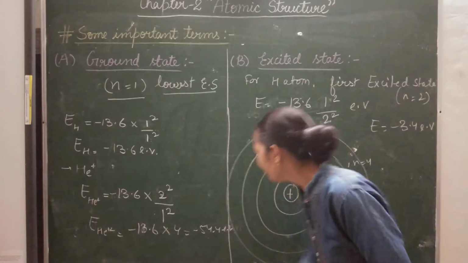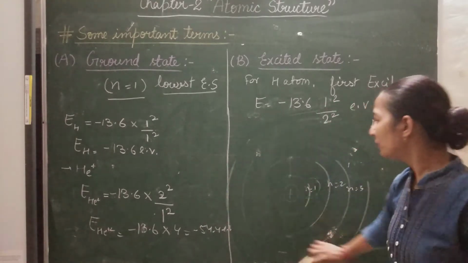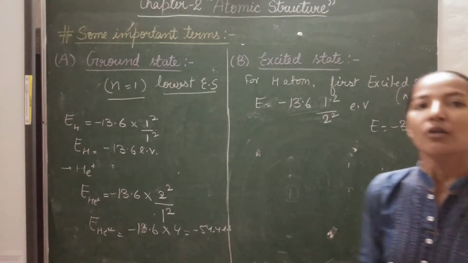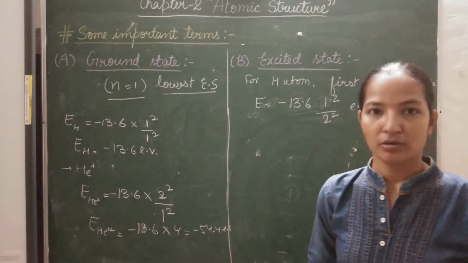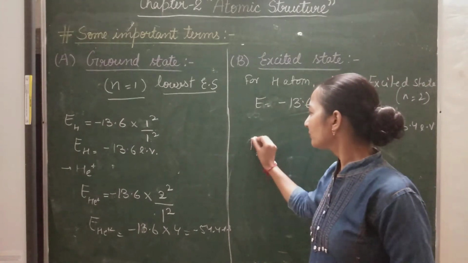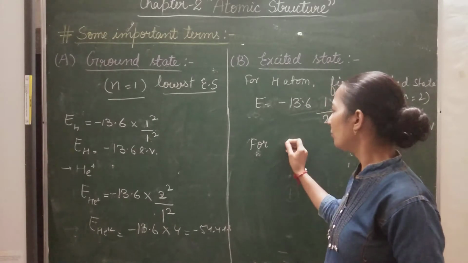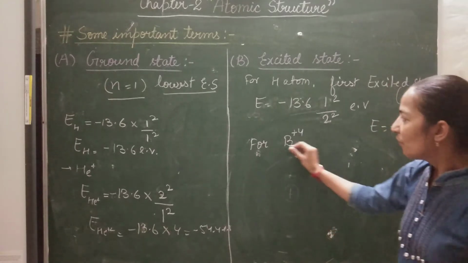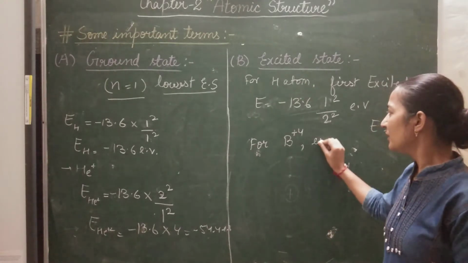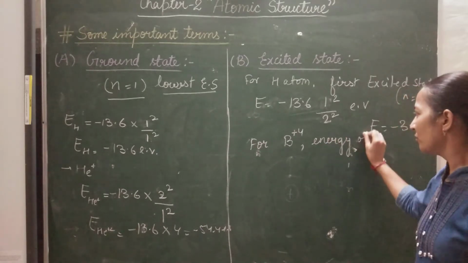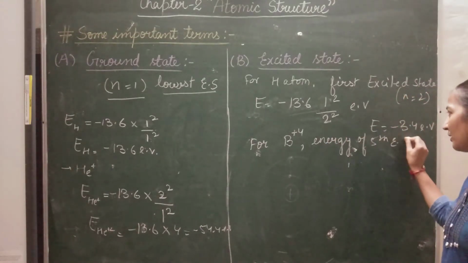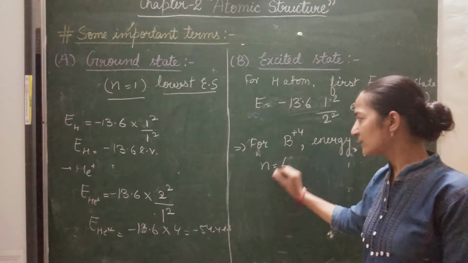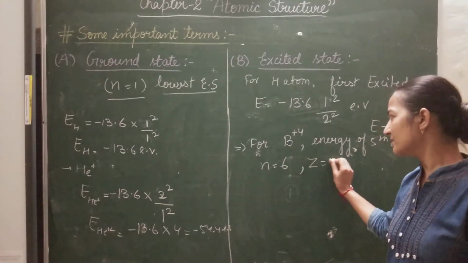Okay. Similarly, if the question is given that you have to calculate the energy for the fifth excited state of boron, that is boron B plus 4 ion. The energy of the fifth excited state: fifth excited state means n is equal to 6, and atomic number of boron Z is equal to 5.